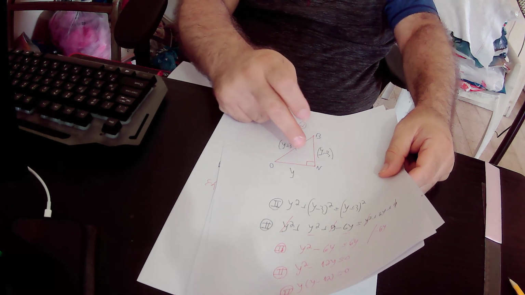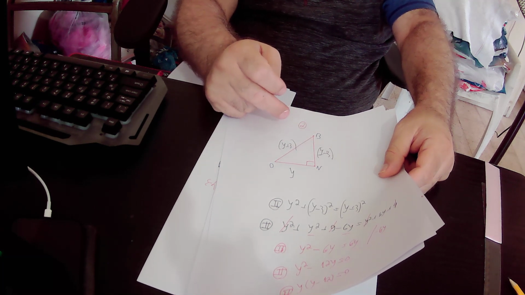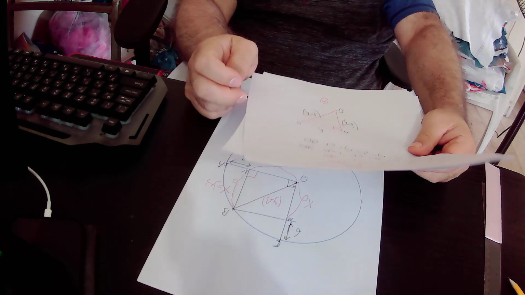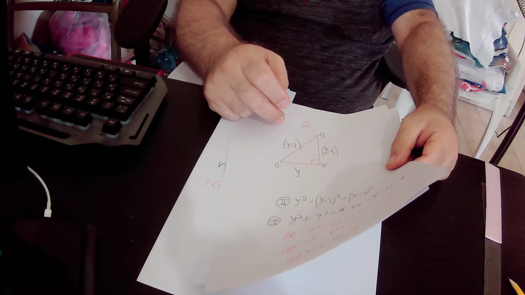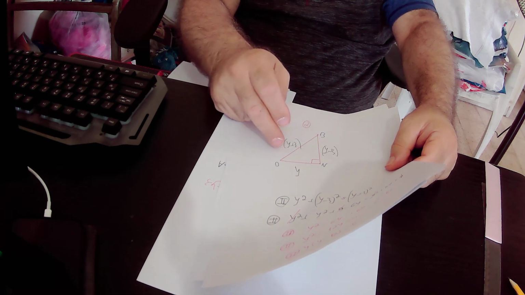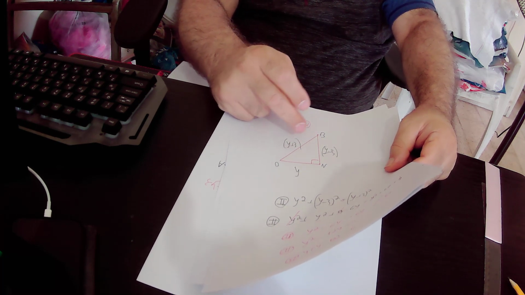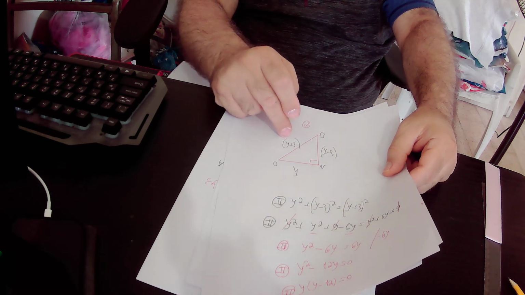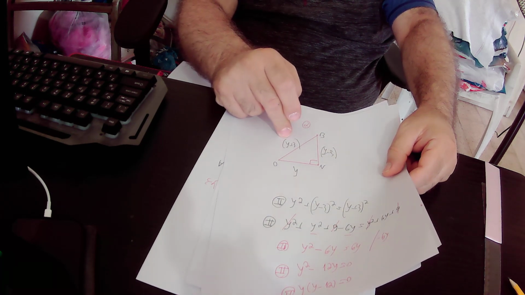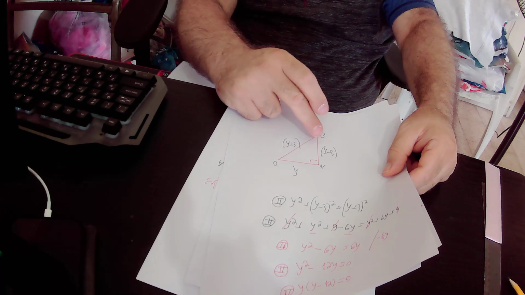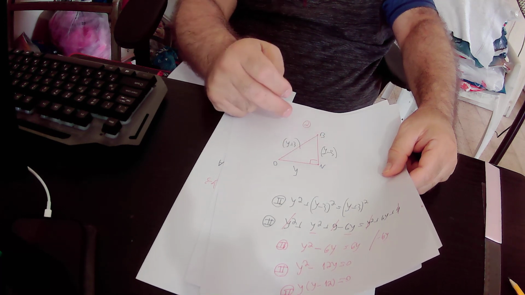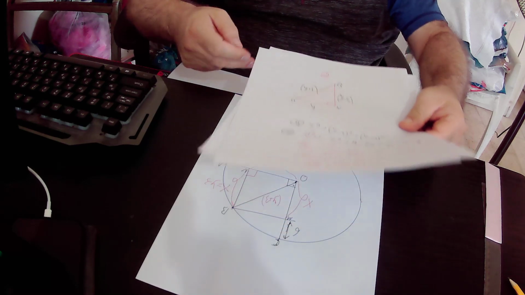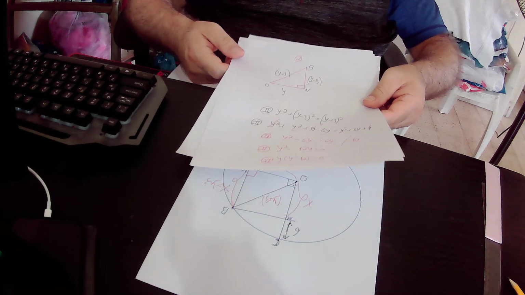And we can use the Pythagorean theorem in order to find out the value of y. The Pythagorean theorem states that the square of the hypotenuse in a right triangle equals to the sum of the squares of the perpendiculars. That is to say, y plus 3 square equals to y minus 3 square plus y square.